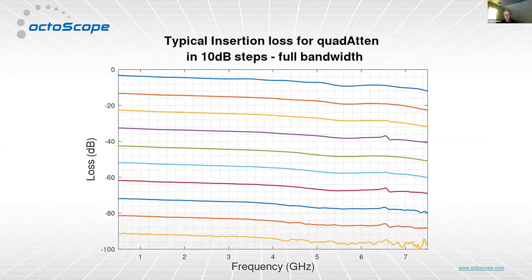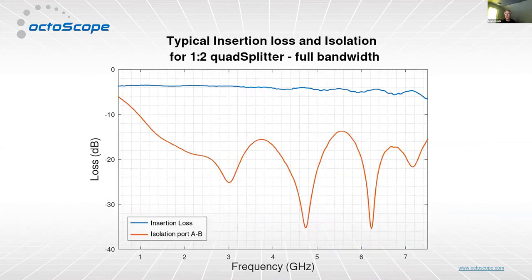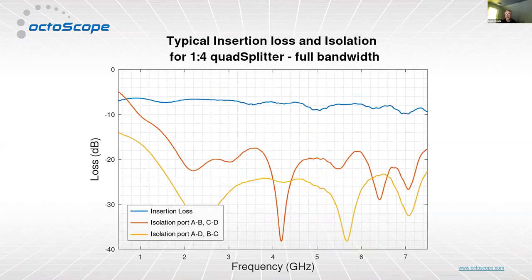And then we have the same kind of data for everything, right? We have attenuators. So just again, even if we don't tune the attenuator to a certain attenuation, we just put it in and leave it at 0, we get loss. That's the insertion loss. And here's the measurement of that insertion loss for attenuators. Here is the measurement of that insertion loss for some of our splitters, 1 to 2 splitters, 1 to 4 splitters.